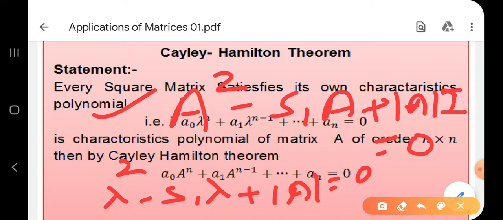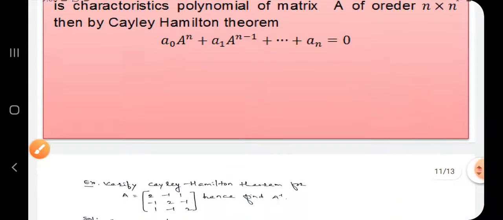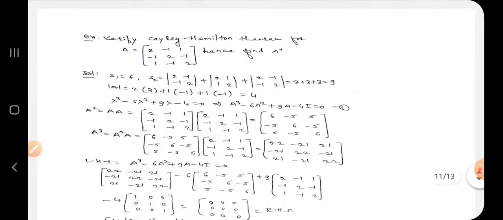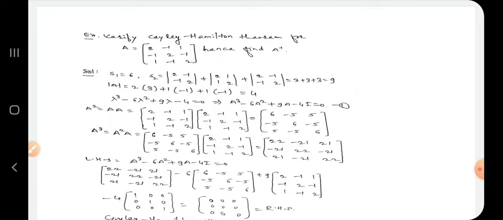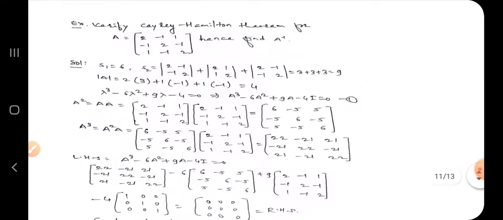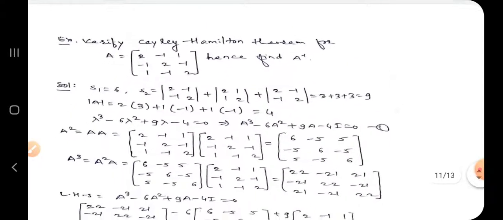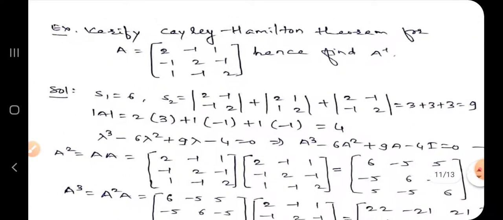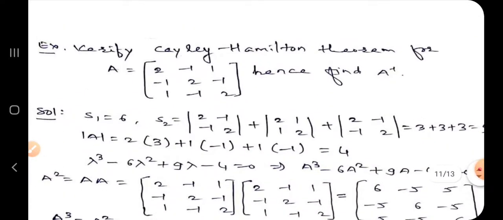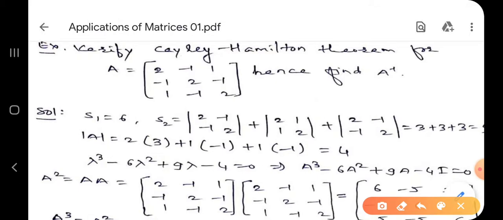So shall we solve one example here? Okay. So let us take the first example, a simple example we start with. Example is, verify Cayley Hamilton theorem for A is equal to, see the matrix, 2 minus 1 1, minus 1 2 minus 1, 1 minus 1 2, and hence find A inverse.